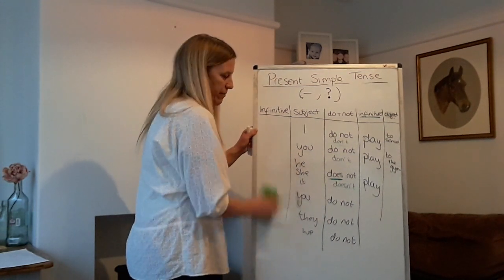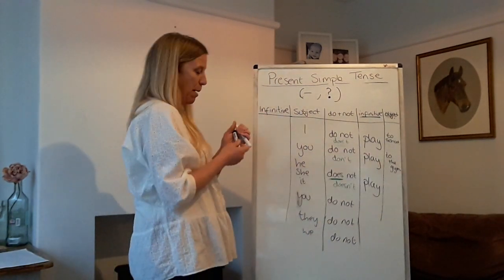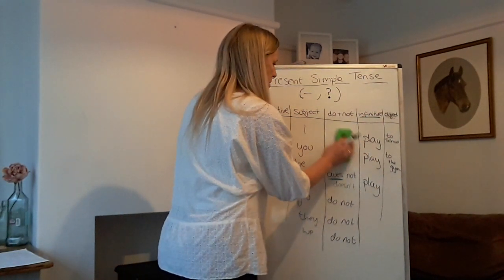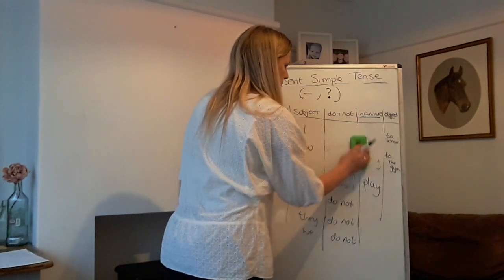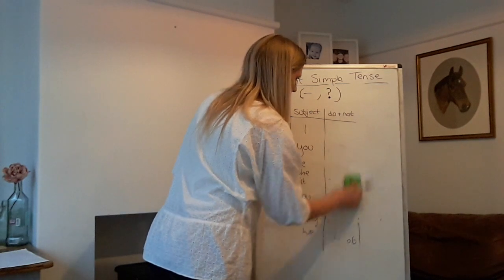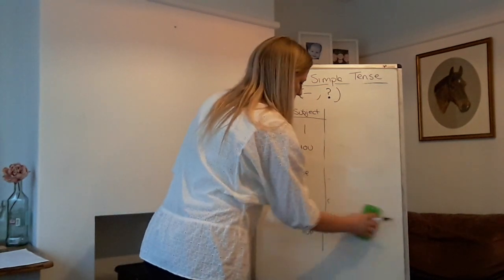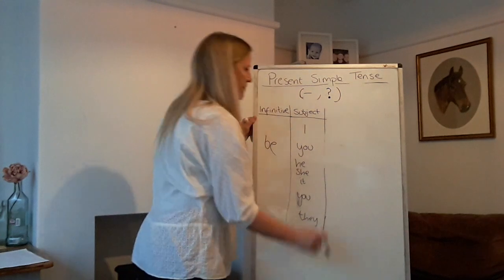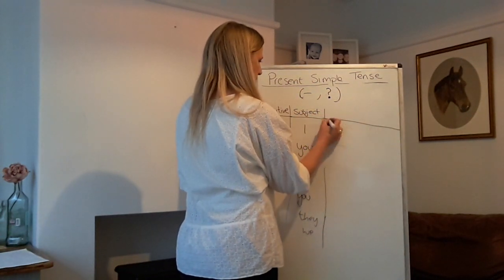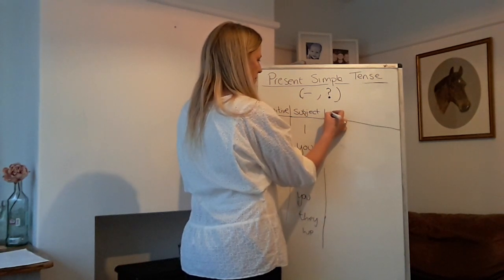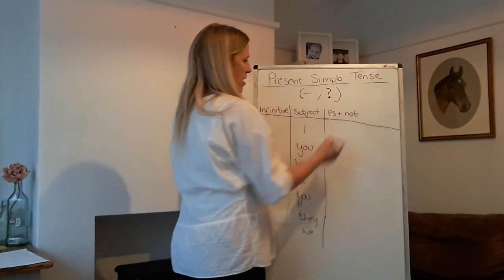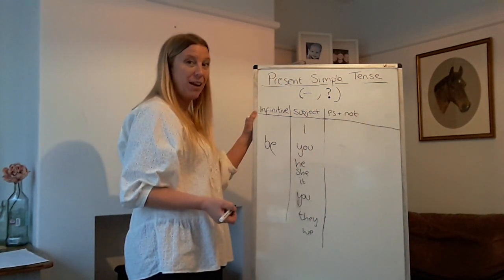So all verbs follow this, but be, not be. Be is different. So with the verb to be, the infinitive verb to be, we use the present simple form of the verb be plus the not.